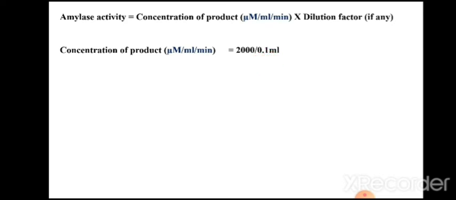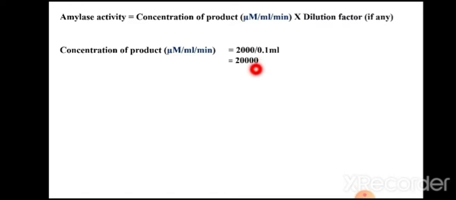You can go back and see the protocol for test. So it is 0.1 ml. You want to convert that into per ml. So 2000 will be divided by 0.1 and it will be 20,000 micromoles. Now this is 20,000 micromoles per ml.